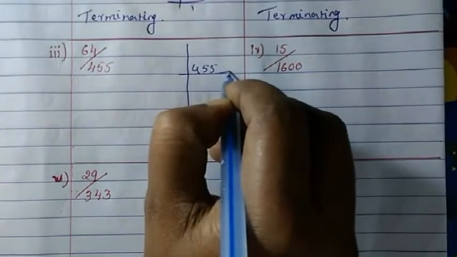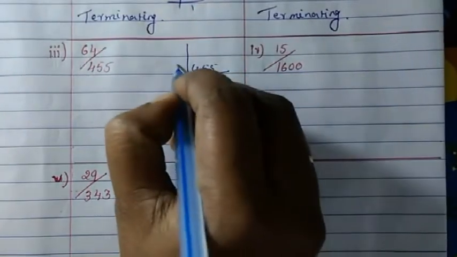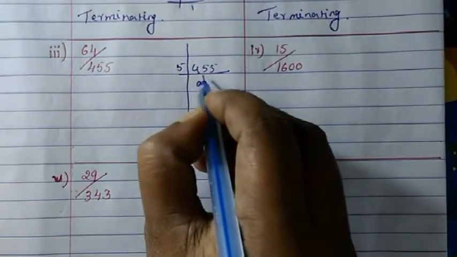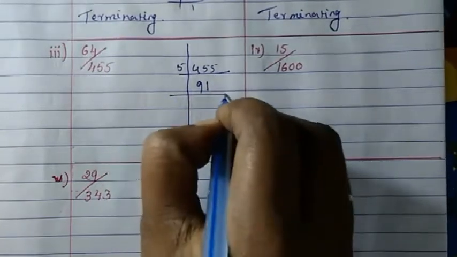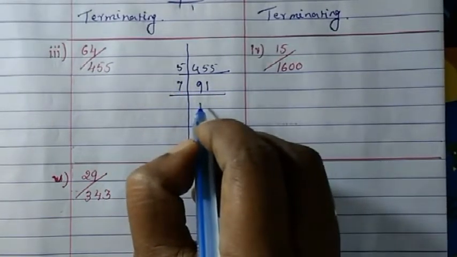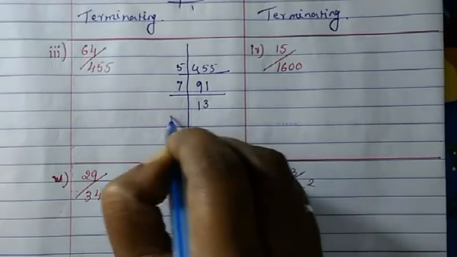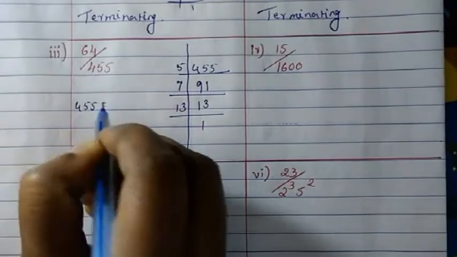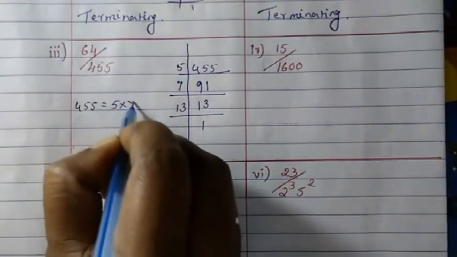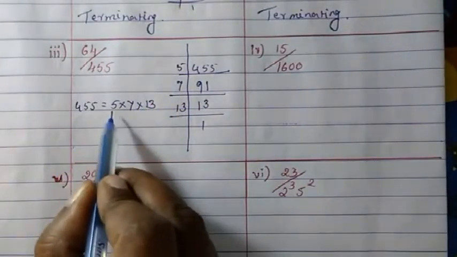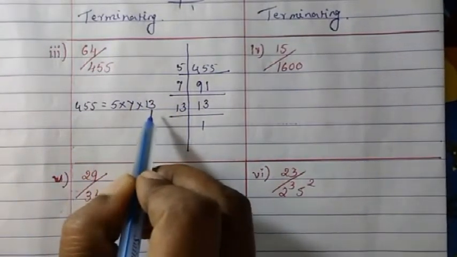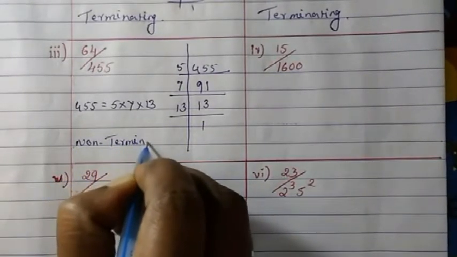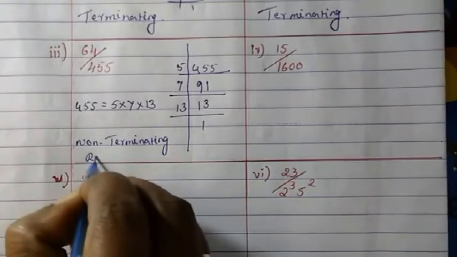We factorize with 5, then we'll get 91, then 7 1s are 7 in table 7, 7 times 13 is 91. So for 455, the factors are 5, 7 and 13. Here 5 we have, but extra numbers 7 and 13 are there. Therefore it will be non-terminating repeating.